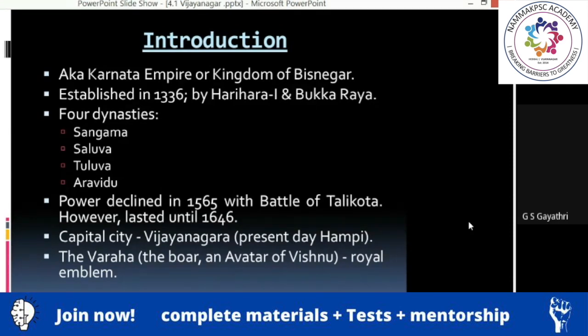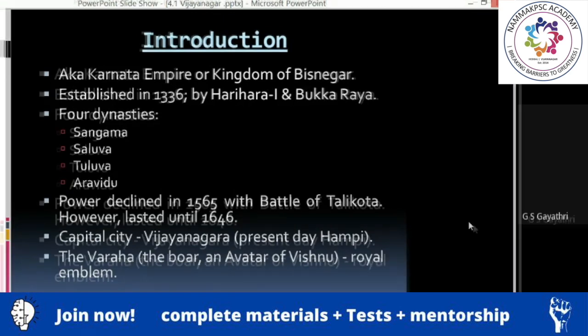The capital city is Vijayanagar, present day Hampi, and Varaha was their royal emblem. That is the boar avatar of Vishnu. We have seen this, right? If you take a look at the important emblems of all our dynasties, Varaha has been the mostly used emblem.